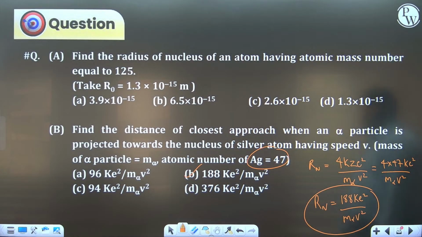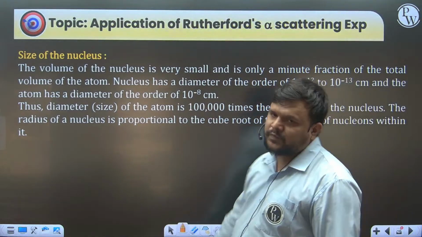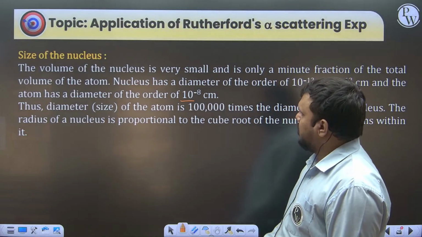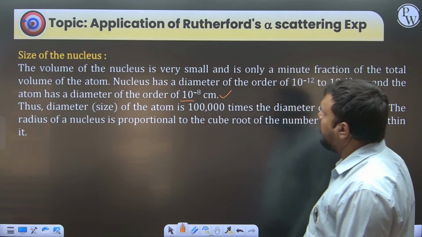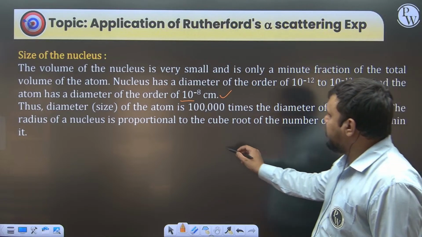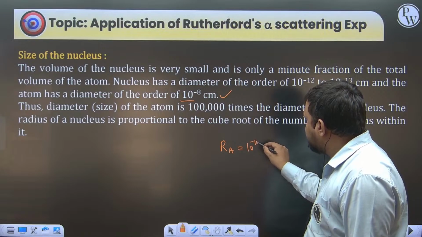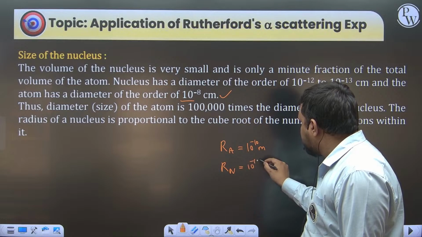Okay. So this is the application part question they are asking. Now let us continue. As I said, the size of the nucleus was found, and as we discussed, the radius order will be 10 to the power minus 8 centimeter. The radius of the atom will be 10 to the power minus 10 meter, and the radius of the nucleus will be 10 to the power minus 15 meter.